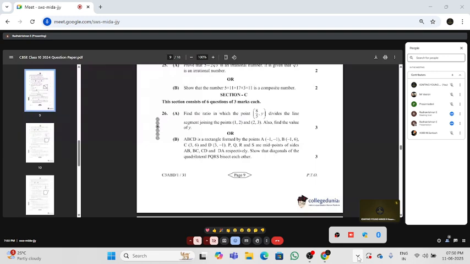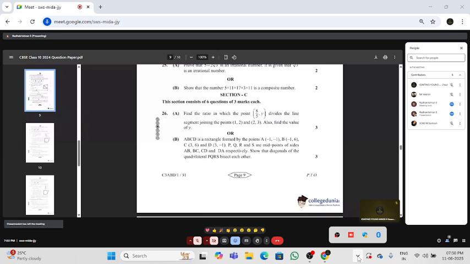This is 0, 0, then 1, 2, 3. The first point is (1, 2), that is here. The second point is (2, 3), that is here. A line connects these two.